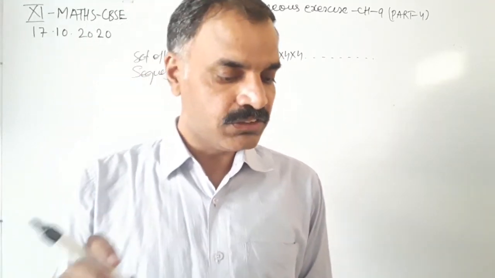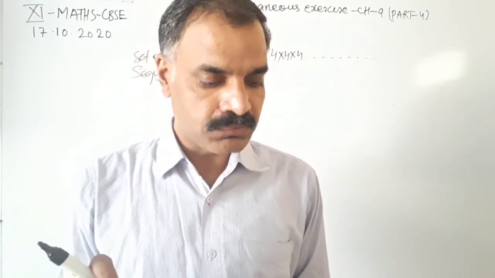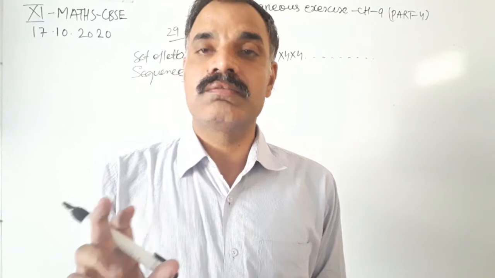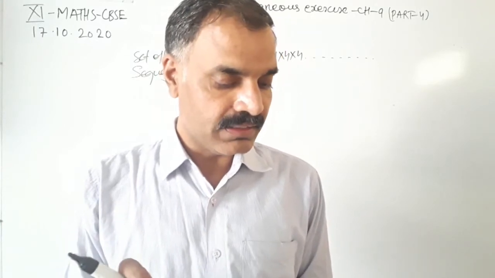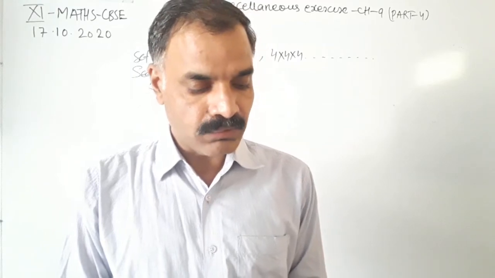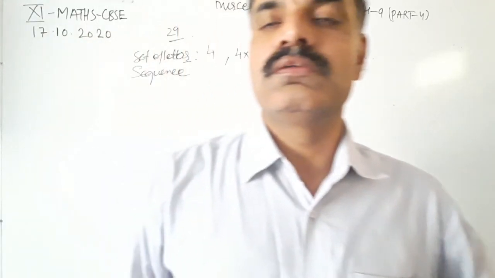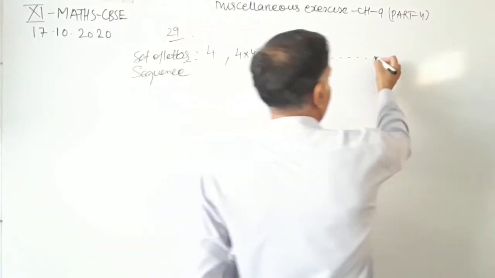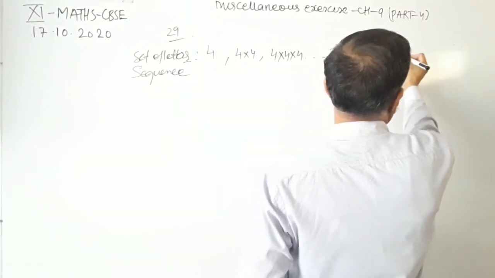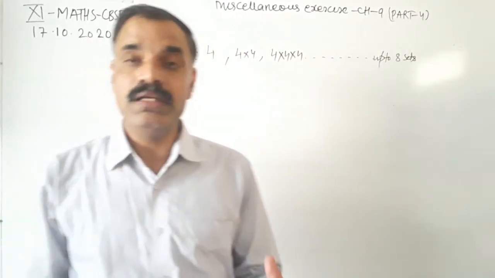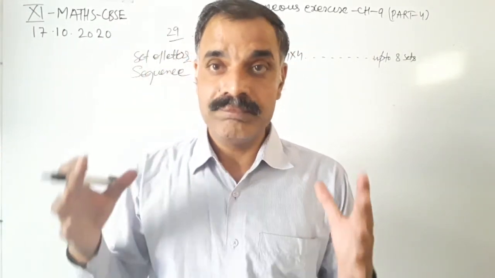Assuming that the chain is not broken and that it costs 50 paise to mail one letter, find the amount spent on postage when the 8th set of letters is mailed. How many total sets are there? Up to 8 sets. So first of all we will find how many letters have been mailed.